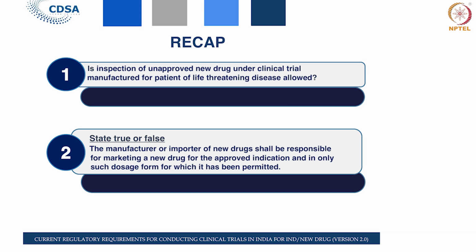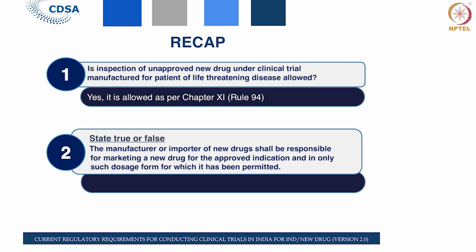In all cases, whenever new drugs are permitted for import or manufacture in the country, inspection has to be allowed, and the rules always say what the detailed procedure of inspection is and who the inspecting authorities are. So, it is allowed. Can you say whether this is true or false? Yes, you can say definitely.